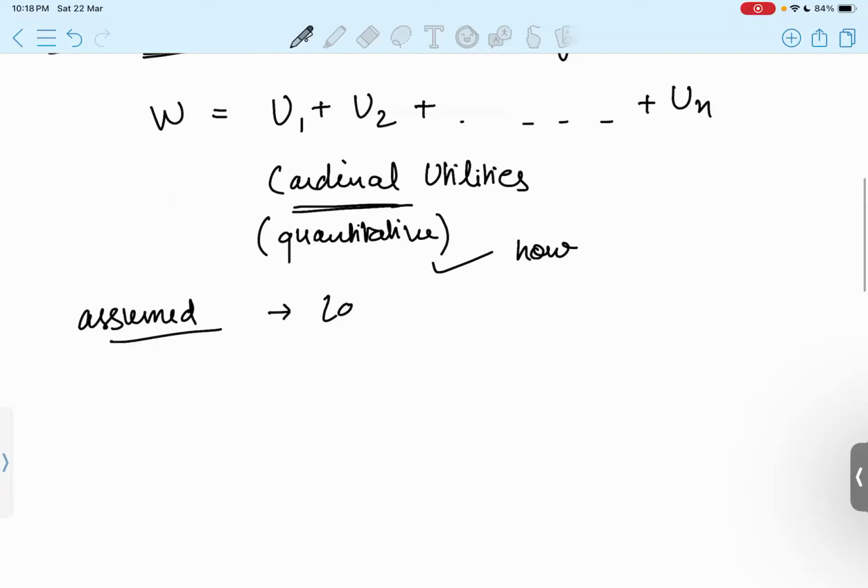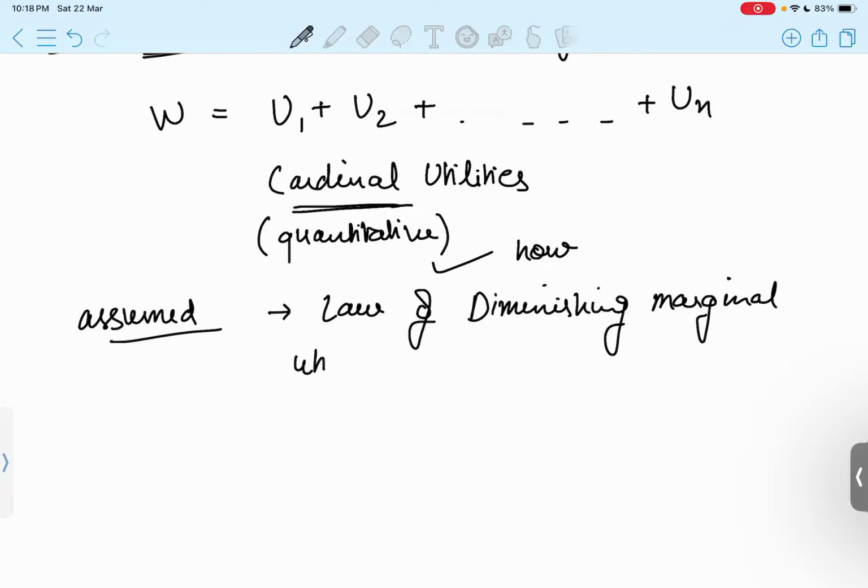It assumed the law of diminishing marginal utility is operational when we are calculating under the classical social welfare function, and it applies to money income in the society.